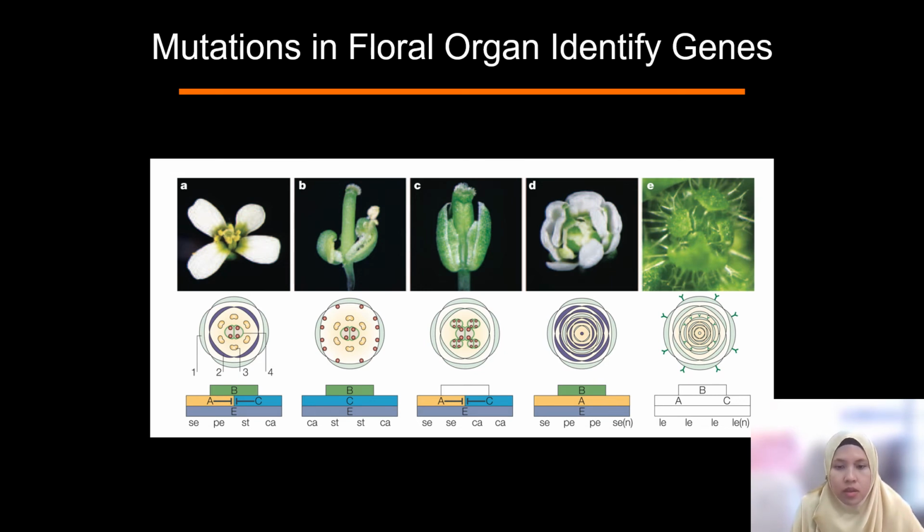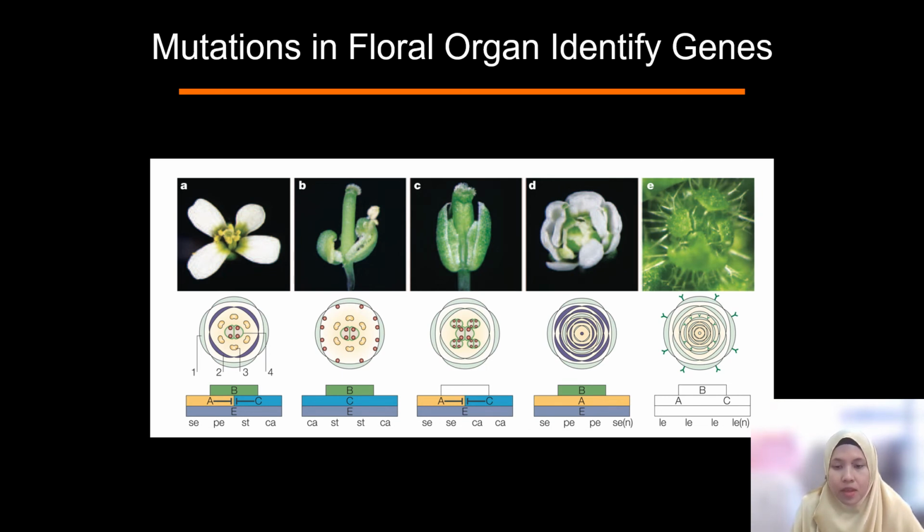Kalau this one A, B, E and C tak ada, so flower turn out different. And this one lagi lah, semua genes for the flower development tu semua tak ada, jadi memang dah tak ada rupa flower dah. Okay, so mutations do happen.